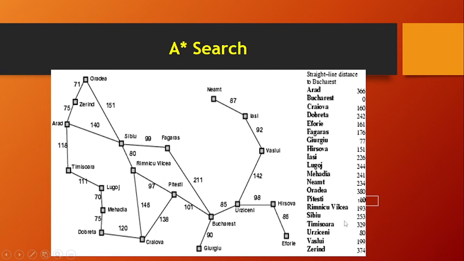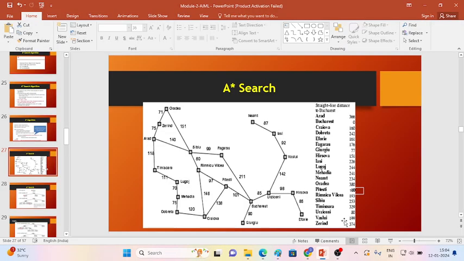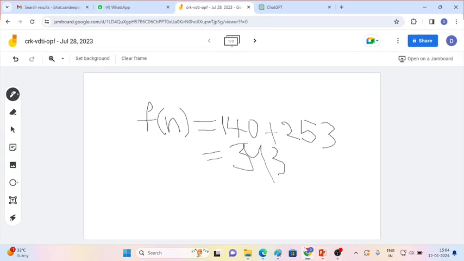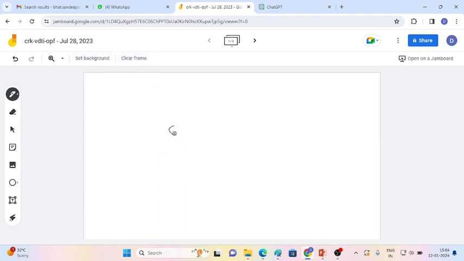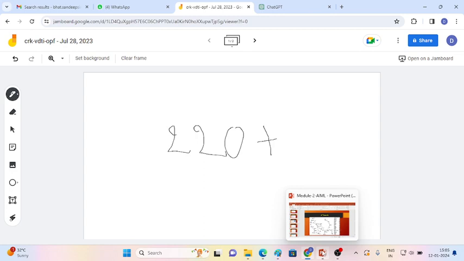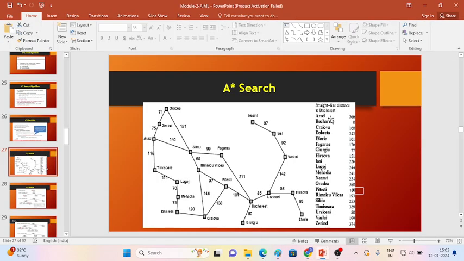So how do we apply this here? 220 is the path cost value, and we check the heuristic function value of Rimnicu Vilcea, that is 193.